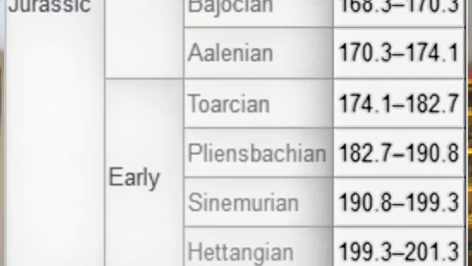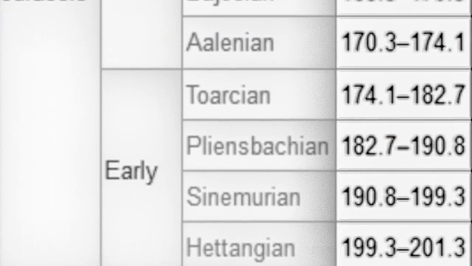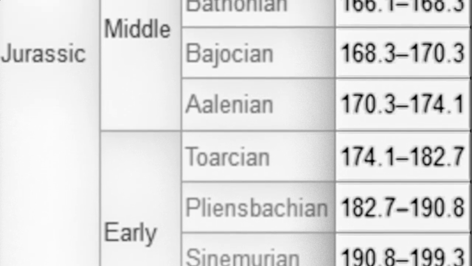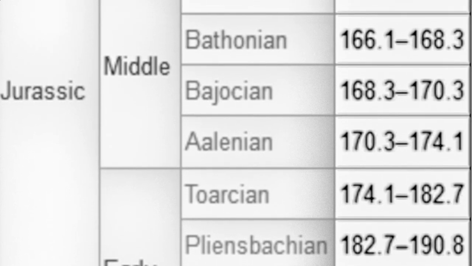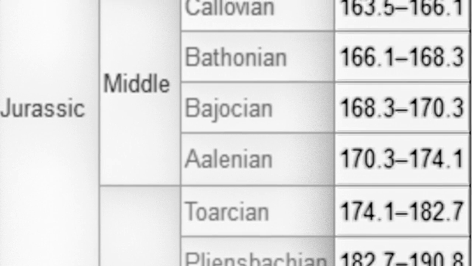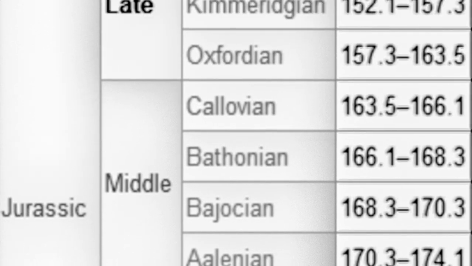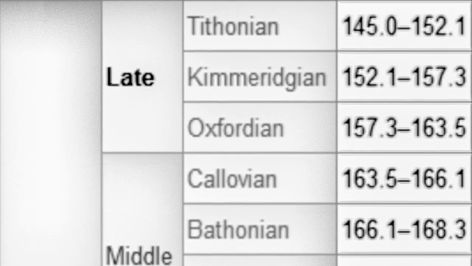Overall there's 11 stages. Those stages start with the Hettangian and move through the Sinemurian, the Pliensbachian, the Toarcian, the Aalenian, the Bajocian, Bathonian, Callovian, Oxfordian, Kimmeridgian and Tithonian.